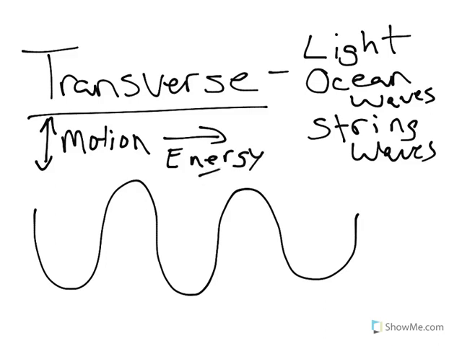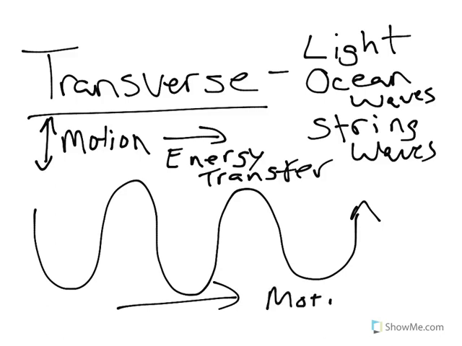Notice that the energy transfer goes that way. What this means is, the thing to remember for a transverse wave is that motion is at a right angle to the energy transfer. So that's what a transverse wave looks like.